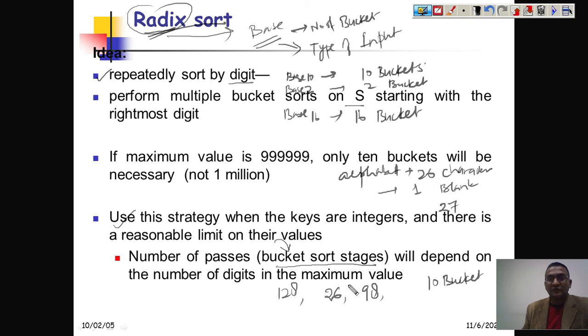And the second thing is how many times we need to iterate to get the final result. It can be found by looking at the highest number. In the highest number we have 3 digits. That means you need to do 3 iterations, or you can say 3 passes are required, or 3 bucket sort stages will be there to get the final answer.